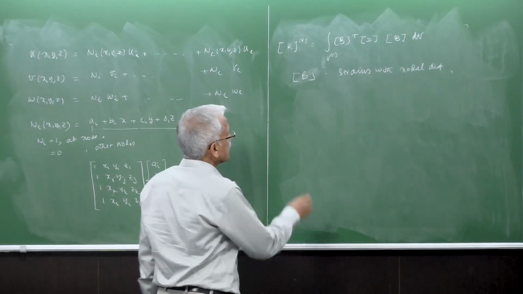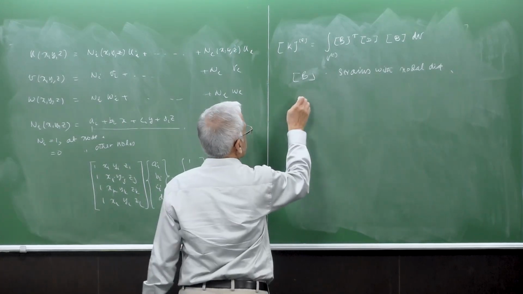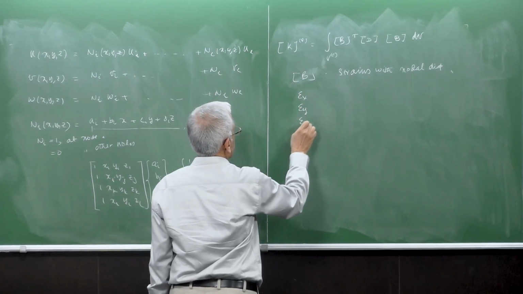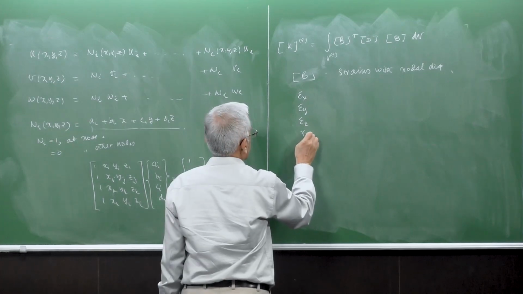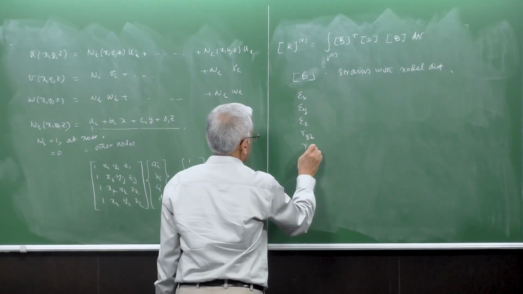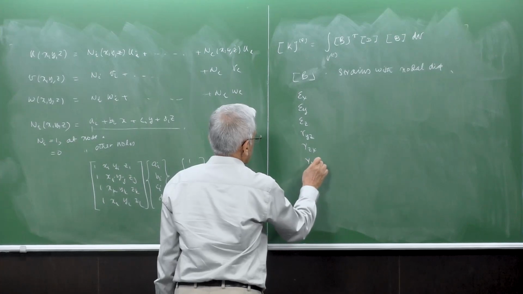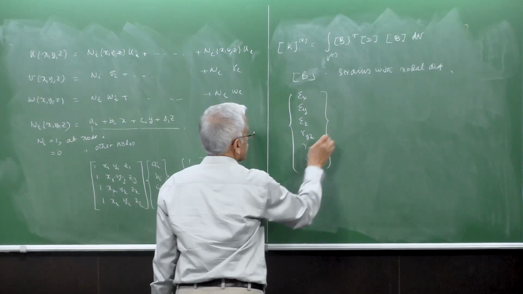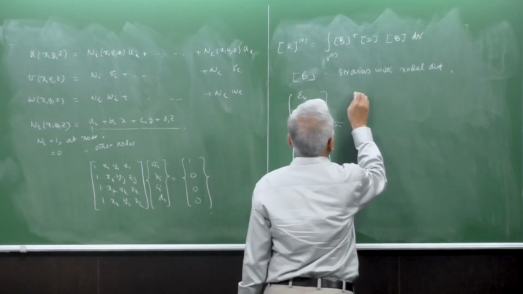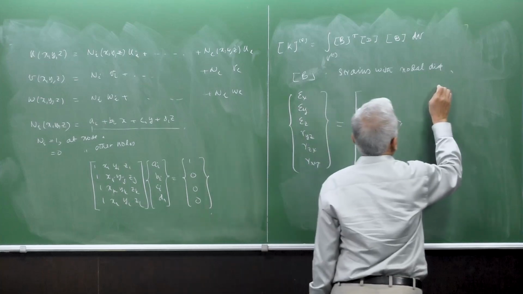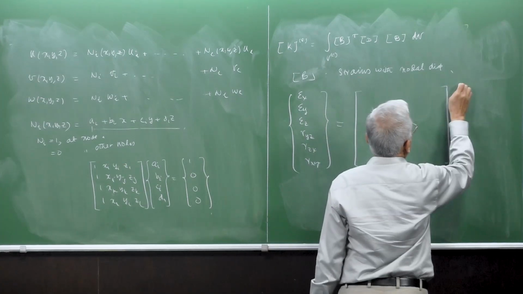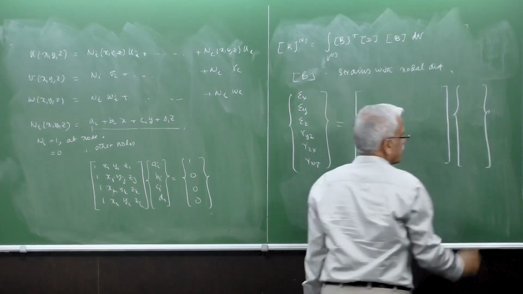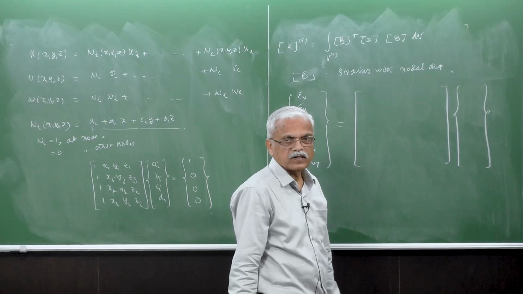So what does this mean? What are the strains here? The strains are 6 components. So these are the 6 strain components, and here you have B. And these are the nodal displacements.